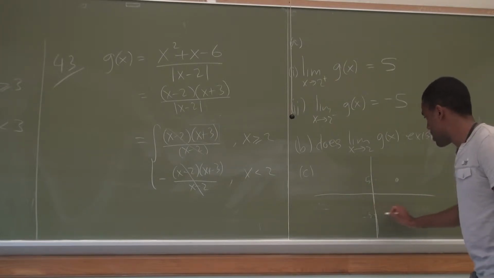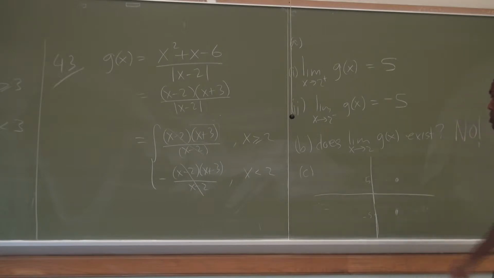Here it's a line with positive slope, while down here is a line with negative slope. So it looks something like that. They both have to be holes, because it doesn't exist when x is 2, because you divide by 0.